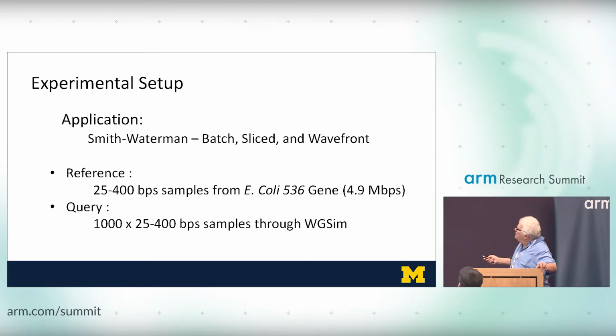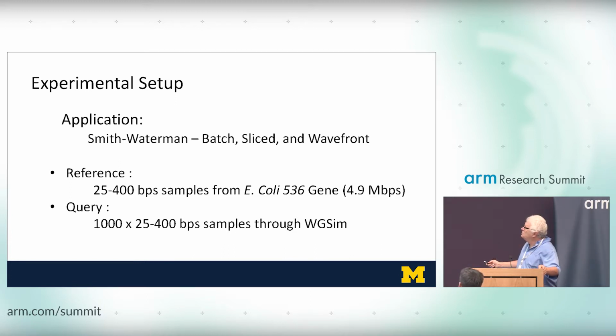And here's the setup, 3 different versions of the algorithm. They're all exact versions. The slice, even though it's speculative, fixes it up in the end correctly. The reference was from an E. coli gene, which is a small gene. The human genome is about 1 billion or so base pairs, so this is quite small.